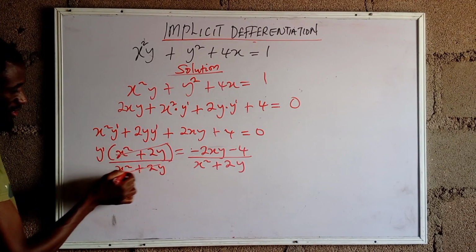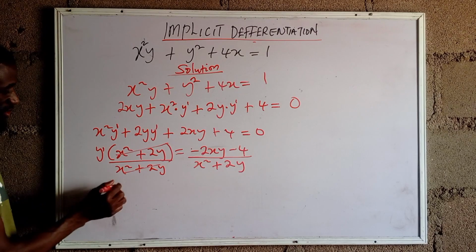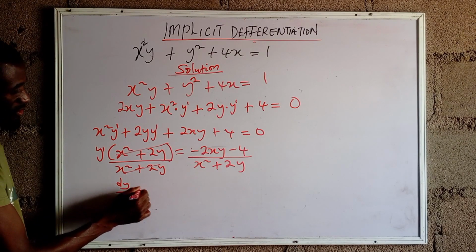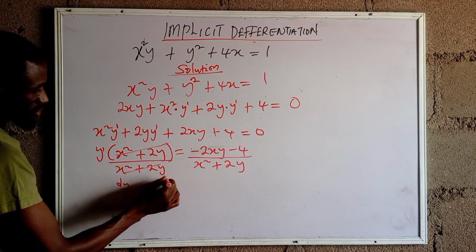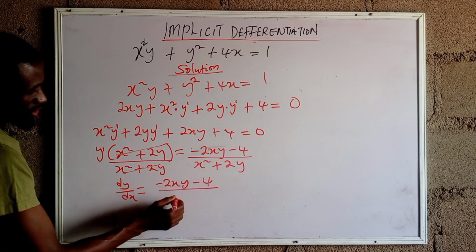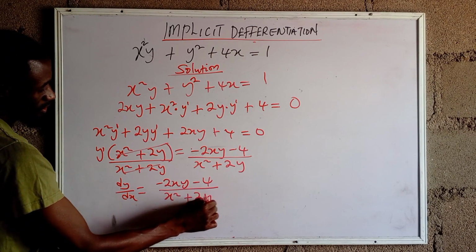Therefore this cancels out, and we have y prime, the same as dy over dx, equals minus 2xy minus 4 all over x squared plus 2y.